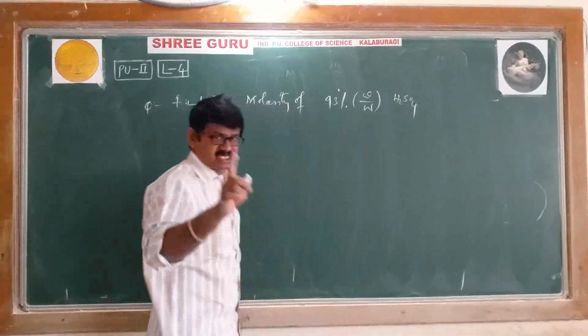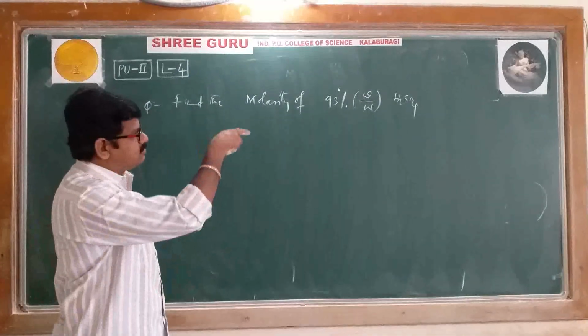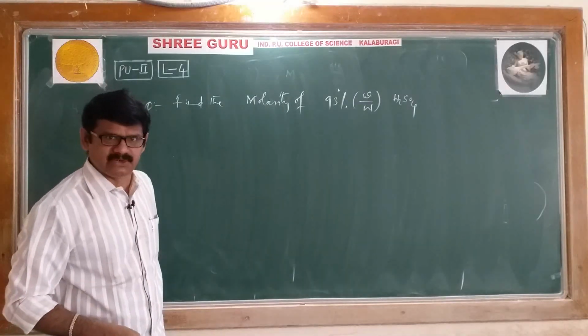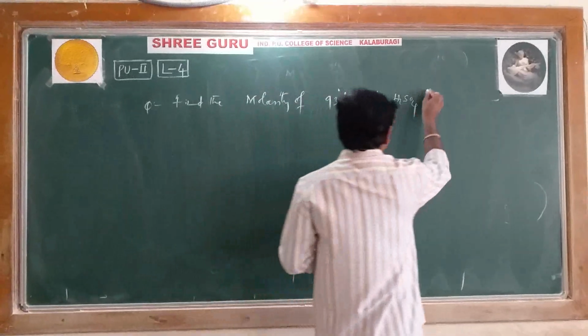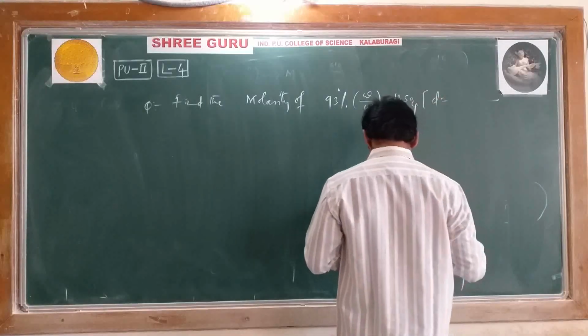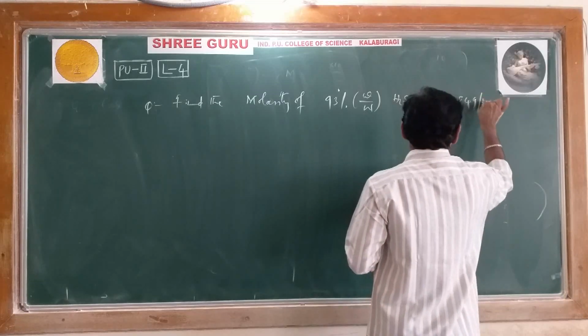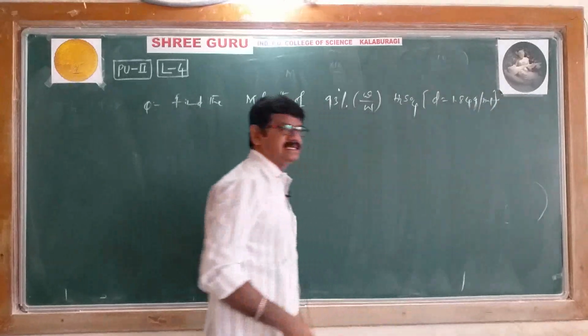Of course, the question is incomplete, because when W by W is given, compulsorily he has to give the density value. That's why in the brackets I am giving the density of solution, 1.84 gram per milliliter, as the density value.